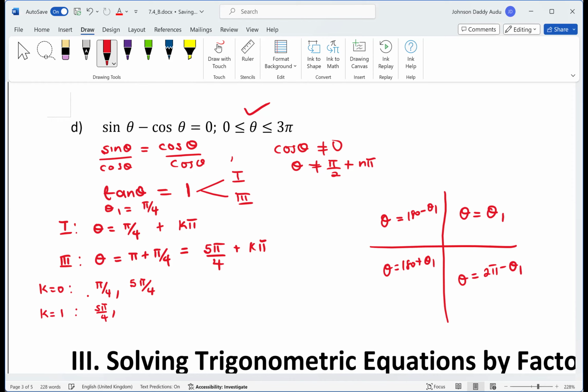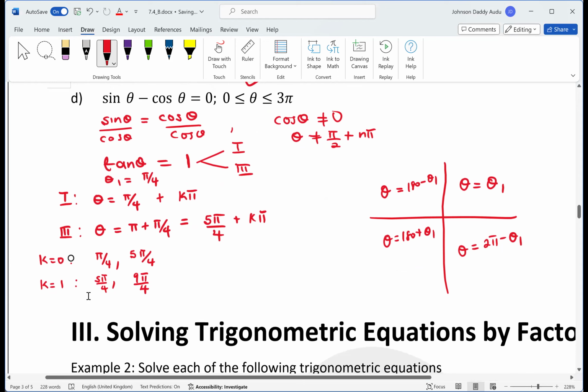Now from the third quadrant, if you take k to be 1, you'll have 5 pi over 4 plus 4 pi over 4, which is 9 pi over 4. And 9 pi over 4 is still less than 3 pi, so it's still fine.